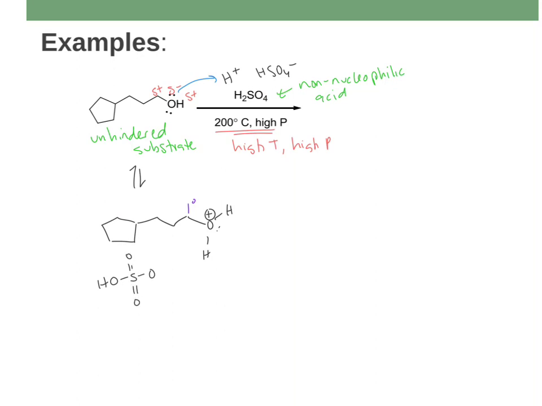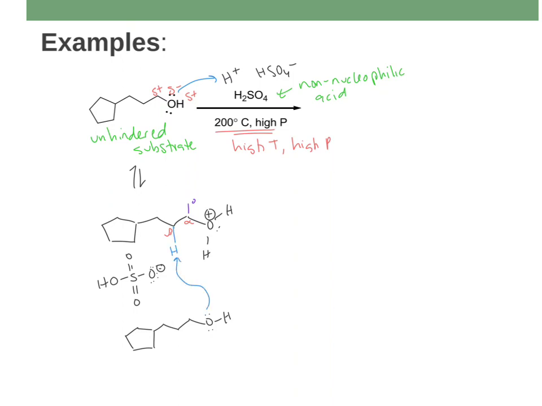The reason why you need super high temperatures or pressures is that you need to get either this conjugate, the HSO4 minus from H2SO4, or probably more likely, since it's probably a better base, to be honest, more starting material, to act as a better base than it is and deprotonate a beta hydrogen.